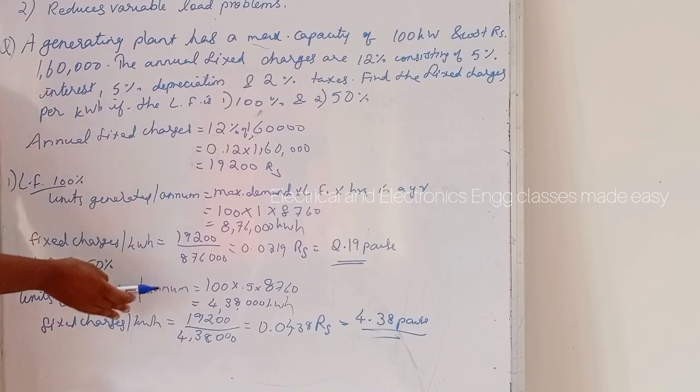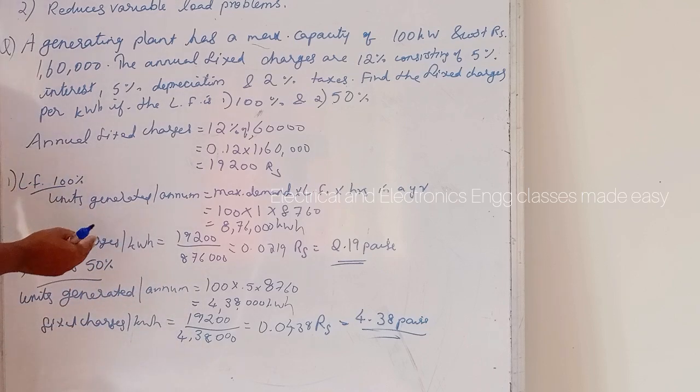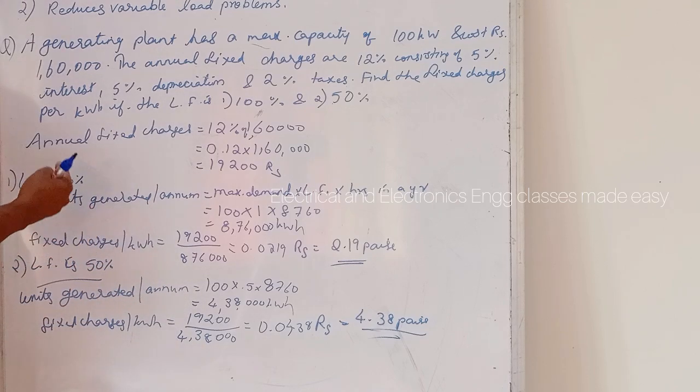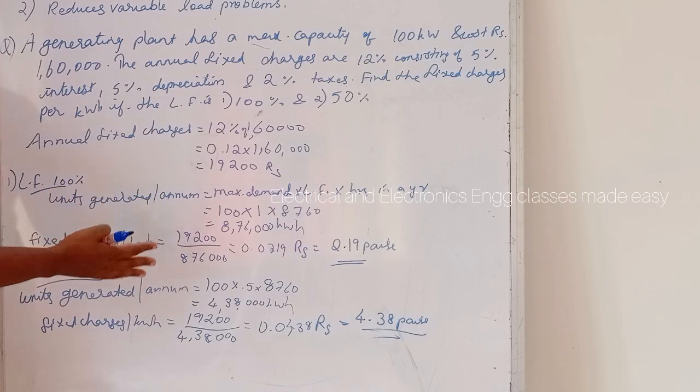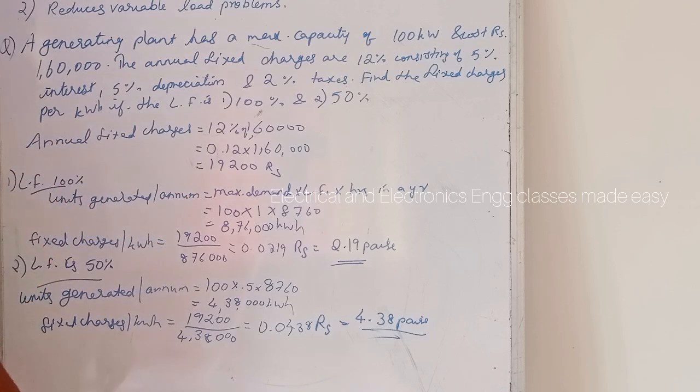So this illustrates the utility of high load factor. So higher the load factor means it reduces the cost per unit generated. So that is about the basics of economics of power generation.